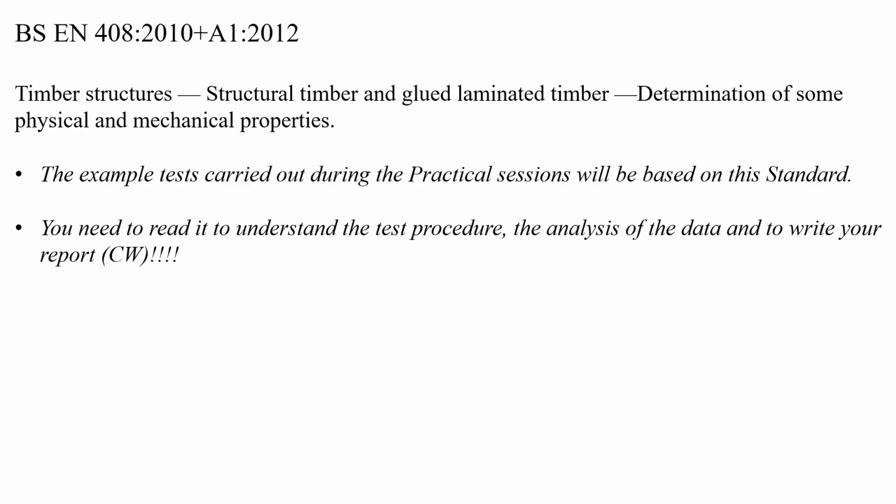In BS EN 338, there's a table for strength classes of timber. You've seen it before this morning. You'll get values for the strength class grades of material, which your batch should on average meet. It gives you values for the strength this way and the strength that way.